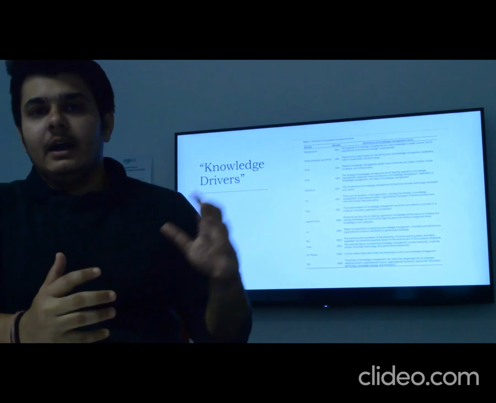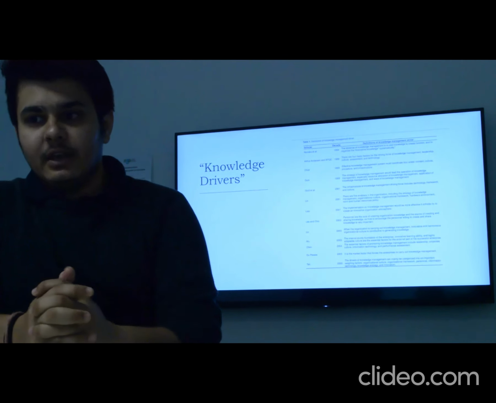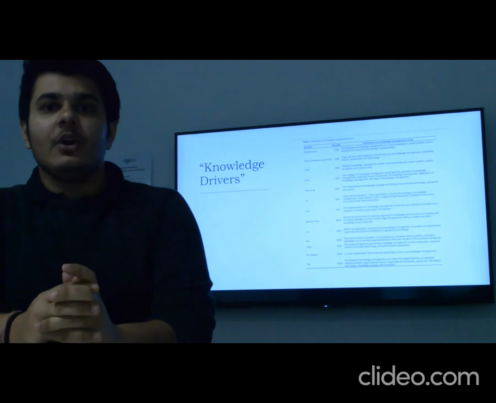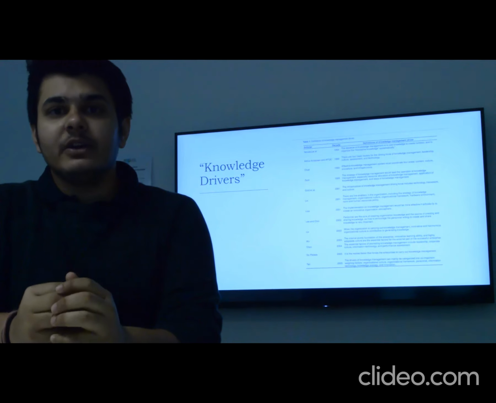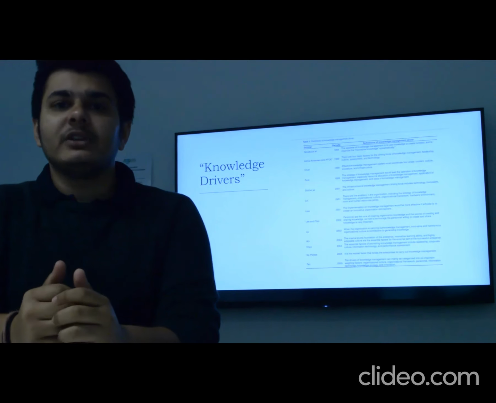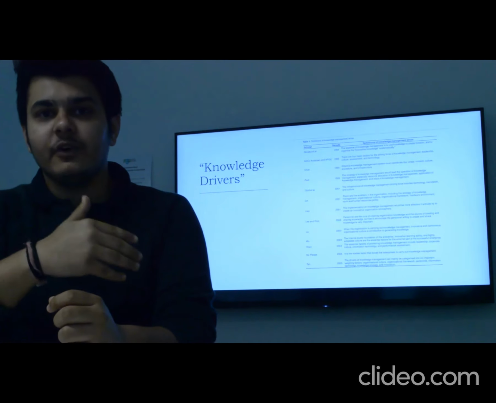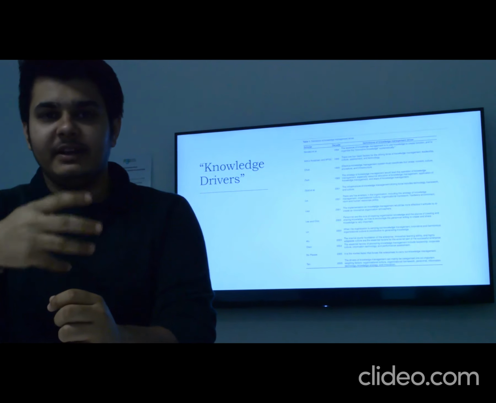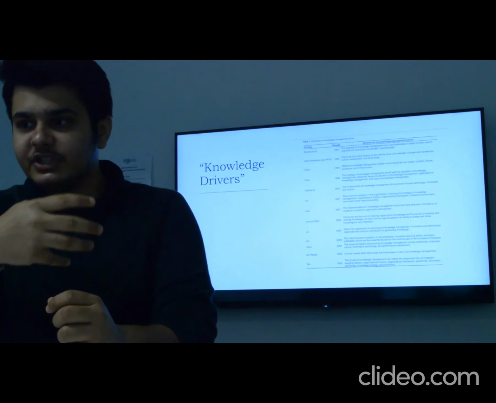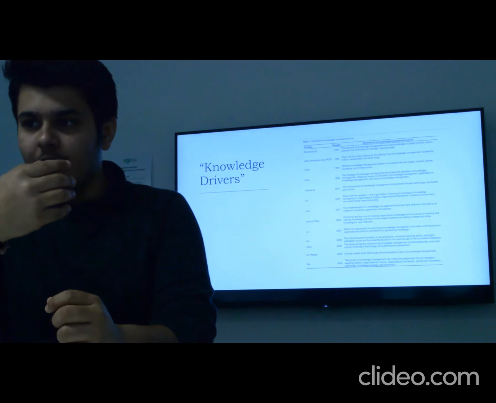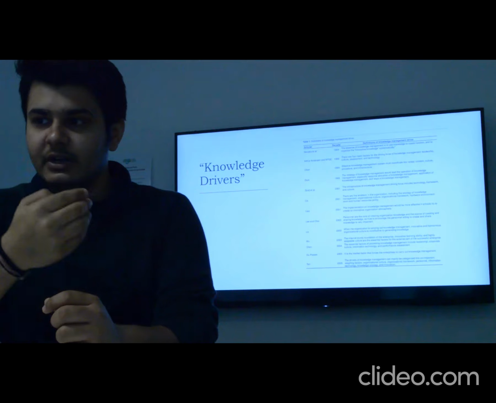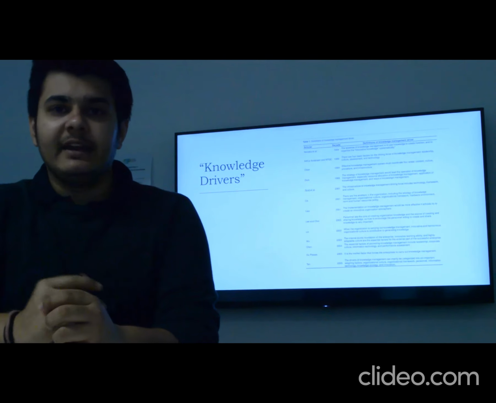Also, I looked for the definition of knowledge drivers, or what can be included in knowledge drivers. Throughout the decades, there have been two additions. At first, there were four main key drivers: culture, assessment, technology, and leadership.